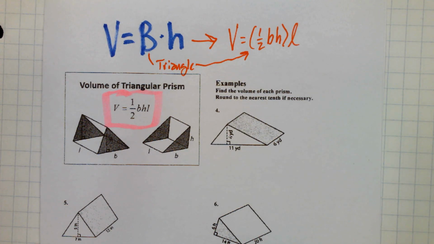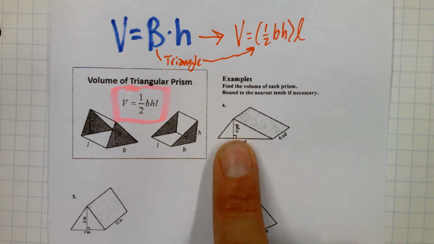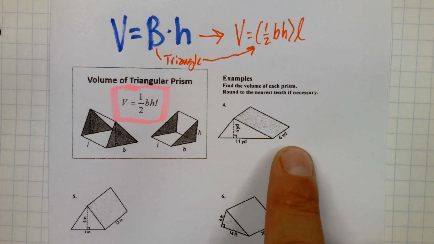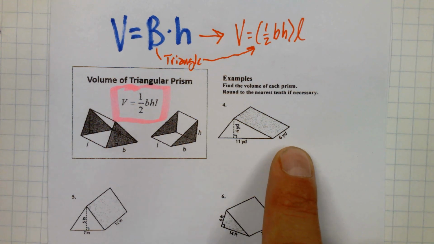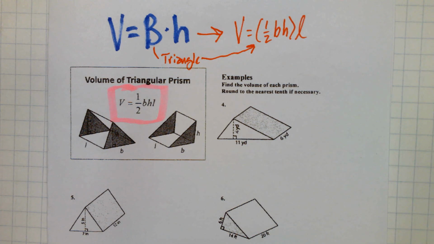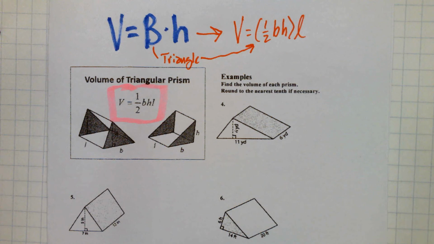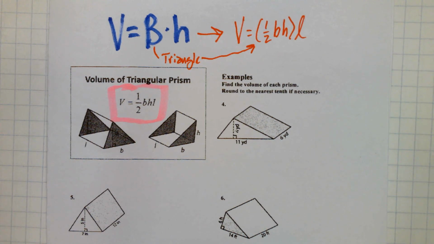So what that's going to mean for us is it's going to be everything we just did, multiplying our 3 dimensions they give us. In addition to that, we have to multiply it by 1/2. That's all. We're adding the 1/2 because it's a triangle and it's half of that equivalent rectangle.